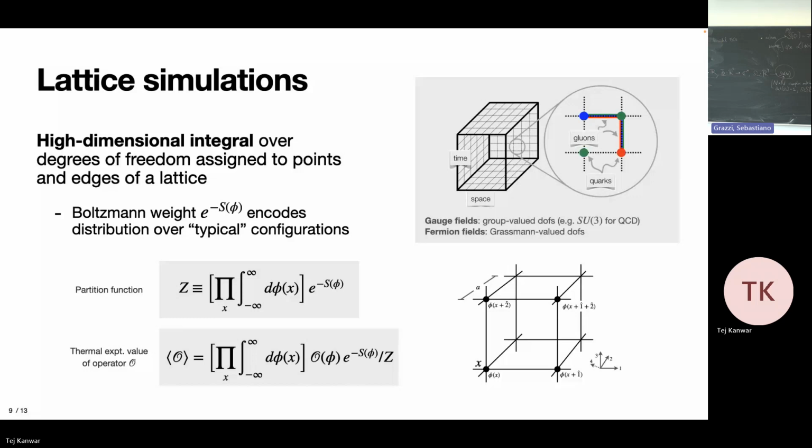So you can regulate that space in a number of ways and make it well-defined, and this is one such option, which essentially reduces your infinite, ill-defined initial integral into an integral over a finite number of degrees of freedom, so that ultimately you have something that, as I've written there, expands out into an integral over a product of a finite number of phi x degrees of freedom over some well-defined space. So it's really just a regulator to make that integral over field configurations well-defined.